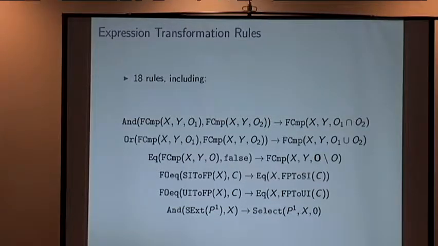The 4th and the 5th rules show how we can simplify floating point equality to integer equality, and that's important for some of our benchmarks which use floating point equality in the scalar version and integer equality in the SIMD version. So we needed a rule for that. And the 6th rule we've already seen.